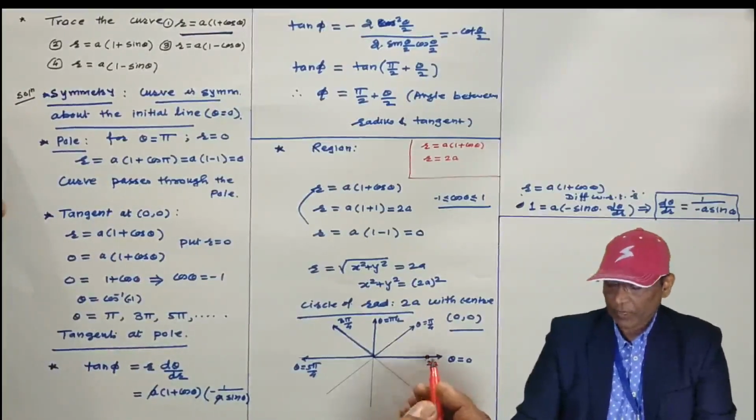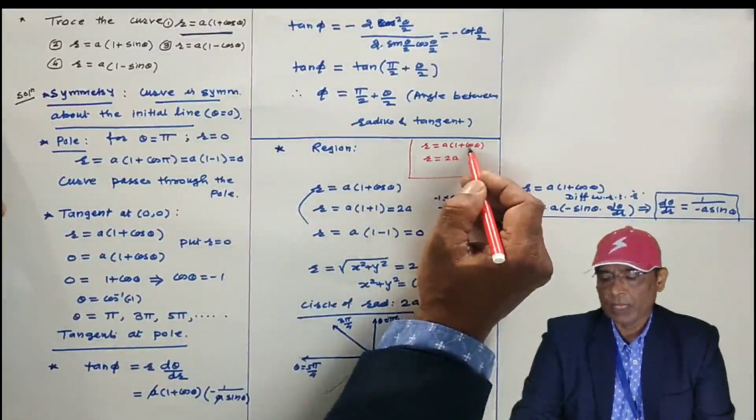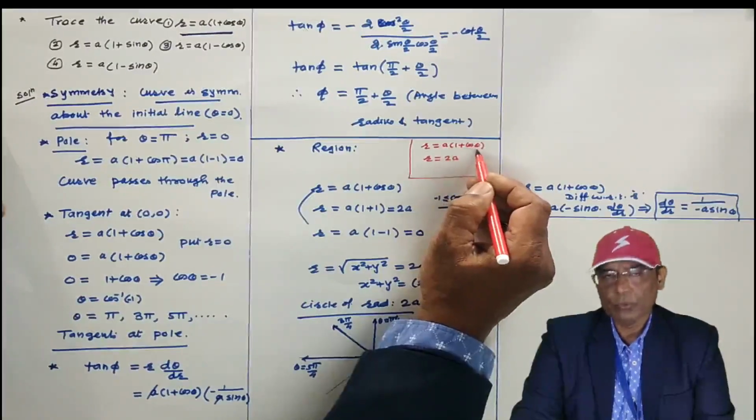The next point, for theta equal to pi by 4. If you put theta equal to pi by 4, then cos pi by 4 is 1 by root 2.